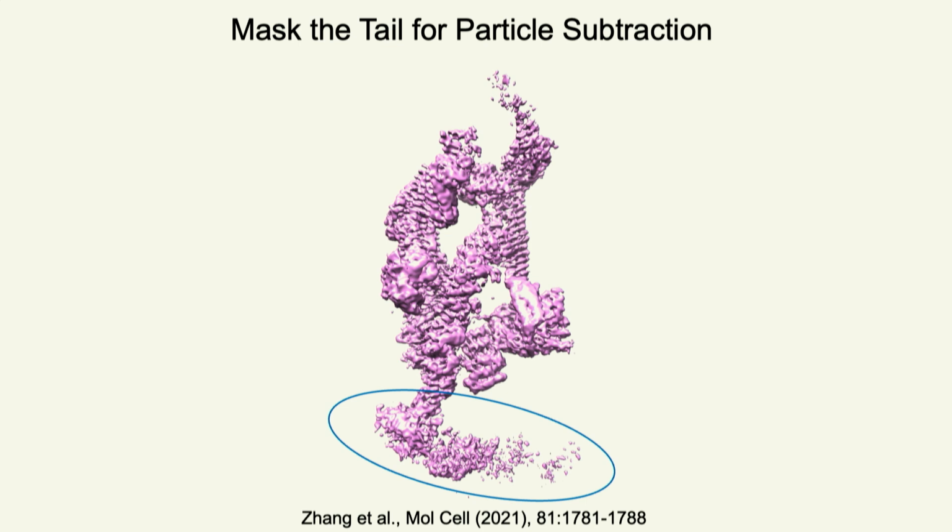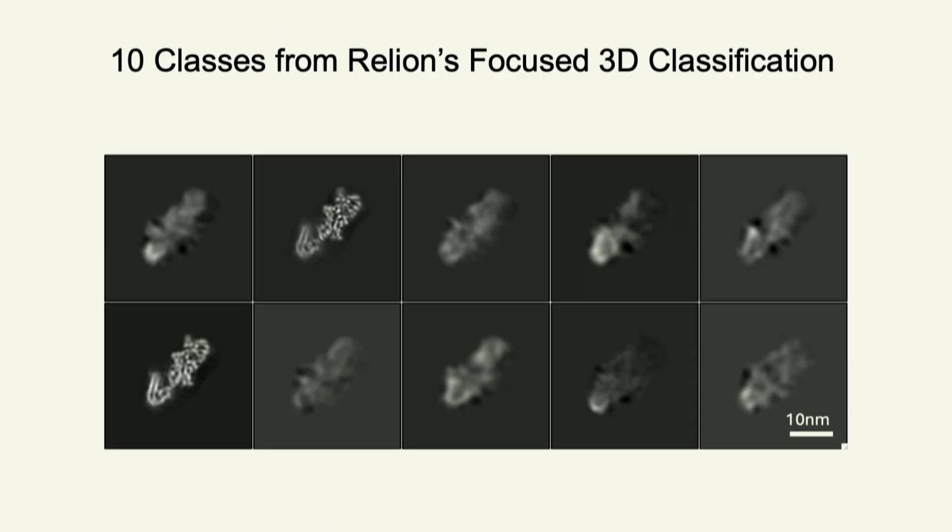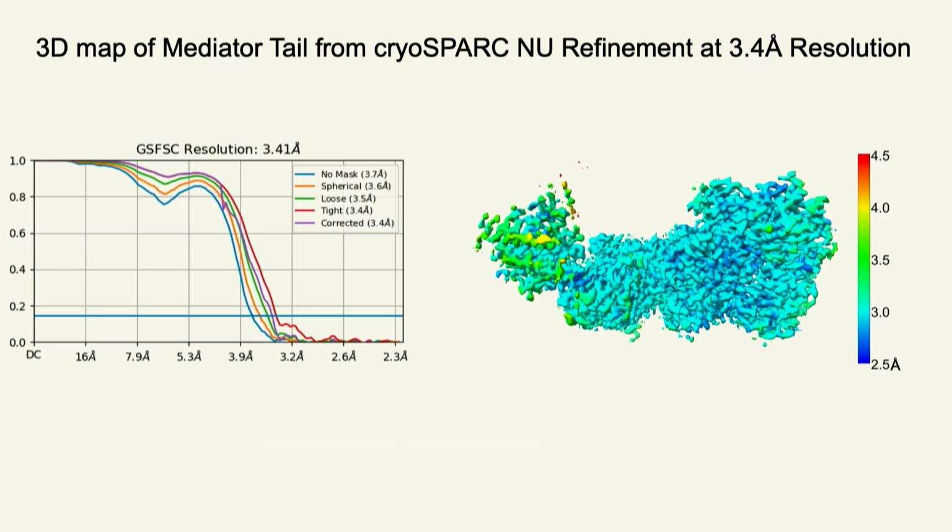And then we did this so-called focused 3D classification, sorting the subtracted data set into 10 classes. Here each class is a central slice through the density map. Among these 10 classes, you can see that only 2 of them are good. So then we combined these 2 good classes and generated a new map.